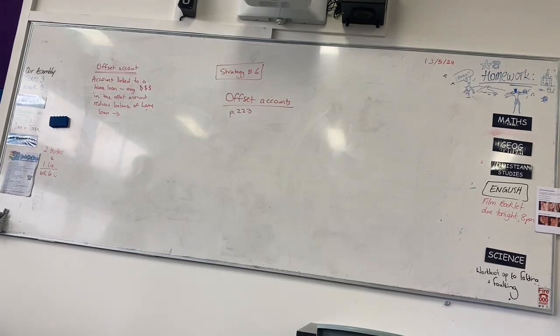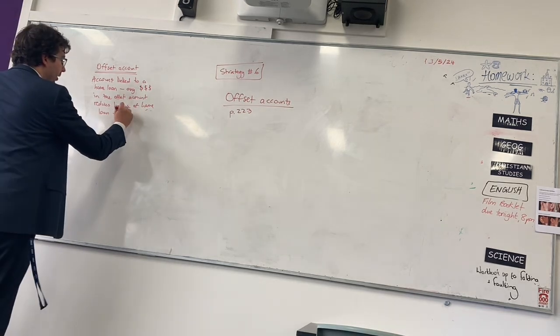Any money in the offset account reduces the balance of the home loan. And what effect does reducing the balance of the home loan have? Charge less interest.